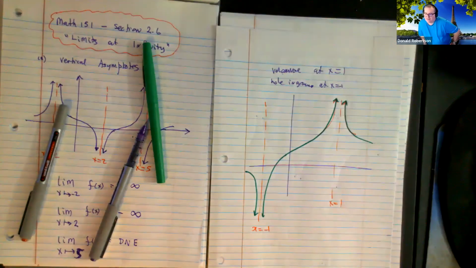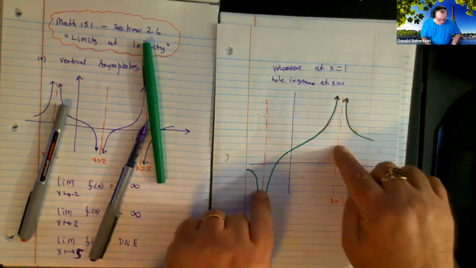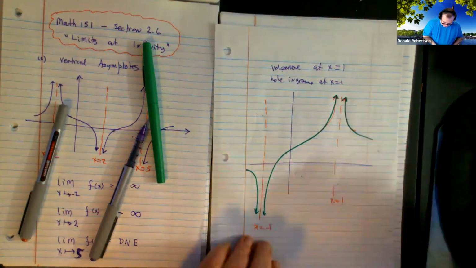Is that what you kind of thought? Can you see the volcano at x equals 1 and the hole in the ground at the other end? Would you agree that's kind of what you would expect to get from the information that I gave you? Now, you don't really know what's happening here, but you get the gist of the shapes. So I think it's helpful.